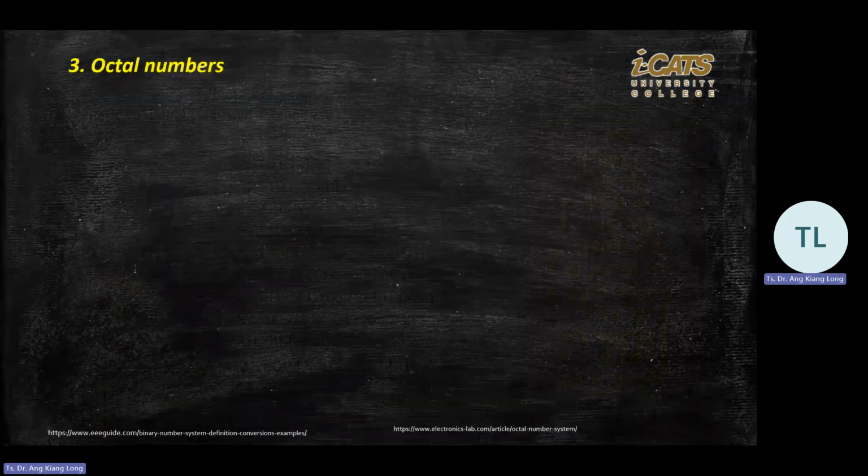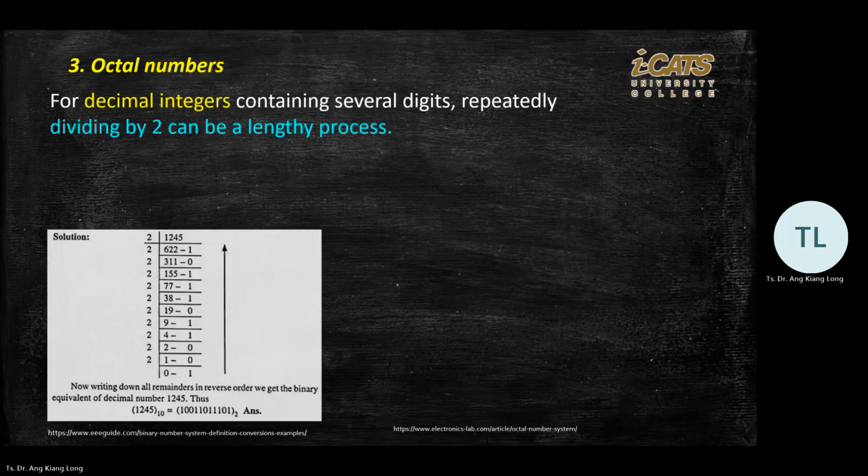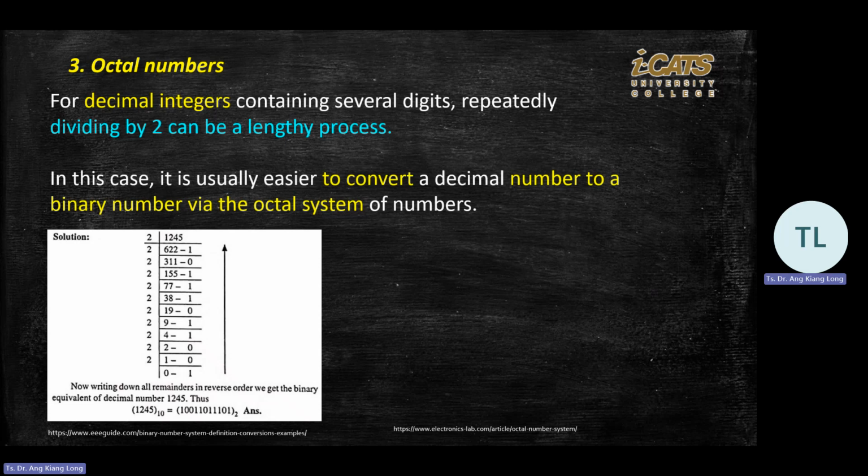So now we go to octet. Octet means number 8. Similar concept to just now. If the number is a big number and you keep using base 2 to represent it, the process will be long. Like for example, 1245.